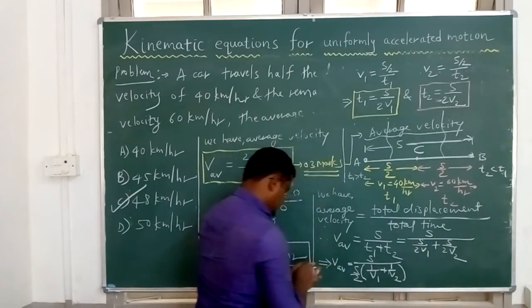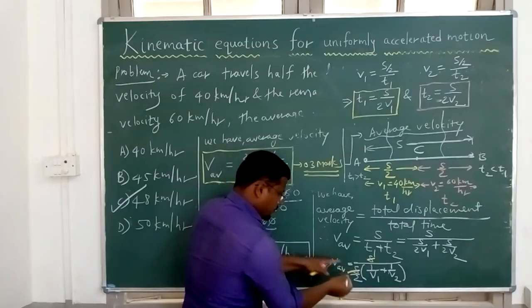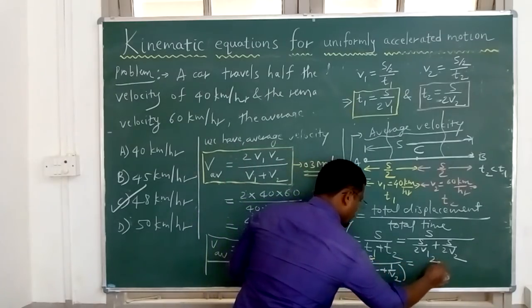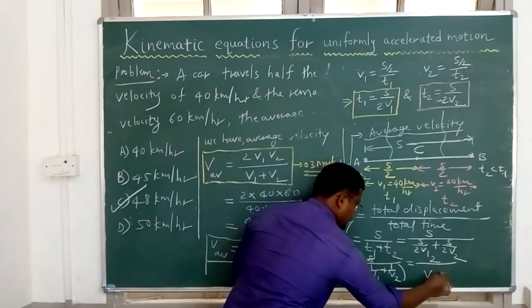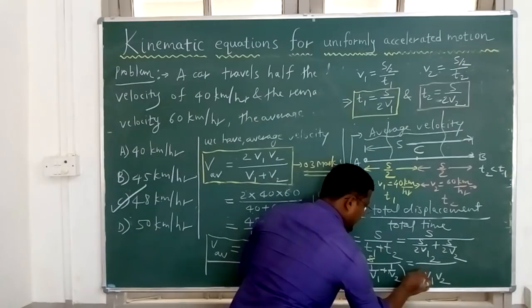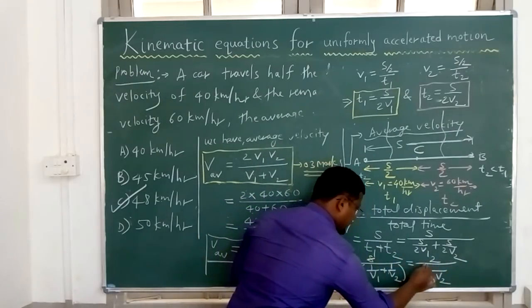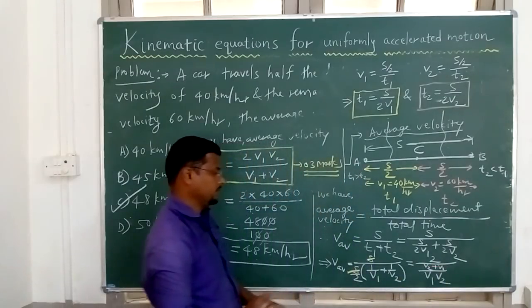Now this S and this S get cancelled, and this 1 by 2 moves to the numerator, so it becomes 2 in the numerator divided by, what is the LCM here? LCM is V1 into V2, and in the numerator you will have V2 plus V1.